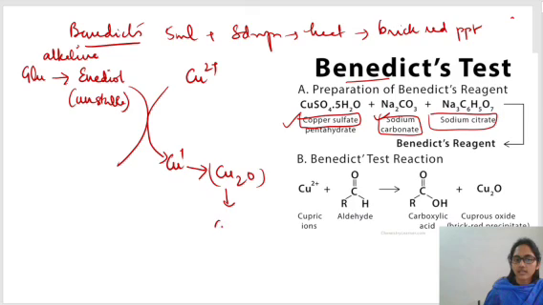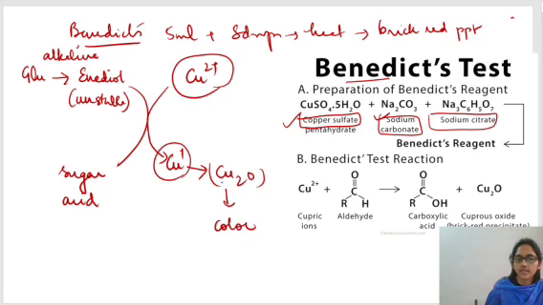This cuprous oxide gives the color for the reaction. Now this enediol form gets oxidized to sugar acid. Cupric ions get reduced to cuprous ions, which are converted to cuprous oxide, and cuprous oxide is responsible for the color of the reaction.